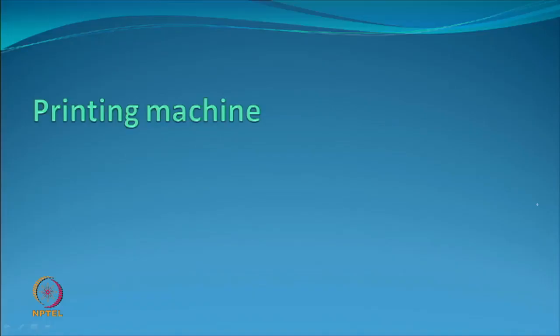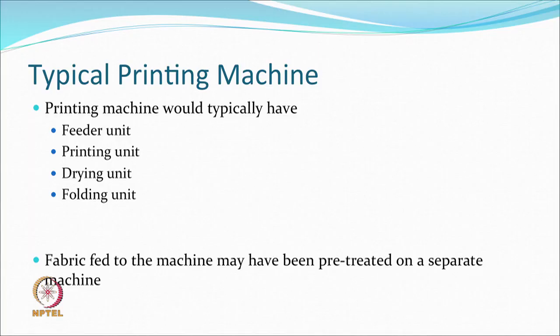So, we look at the printing machine as a whole. A typical printing machine would have a feeder unit, a printing unit, drying and folding. This is the digital printing part, but you may have to do the pre-treatment to the fabric, which may be done on a separate machine before you feed.